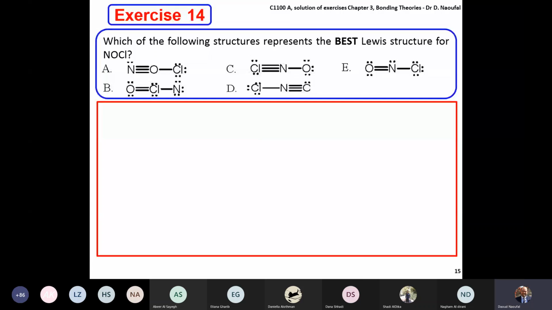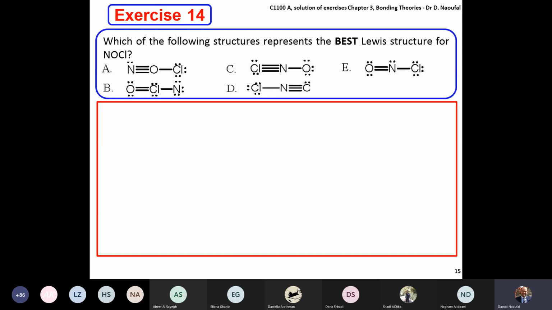Exercise 14. Which of the following structures is the best Lewis structure? As I explained previously, the Lewis structure is responsible only for the distribution of the total valence electrons.